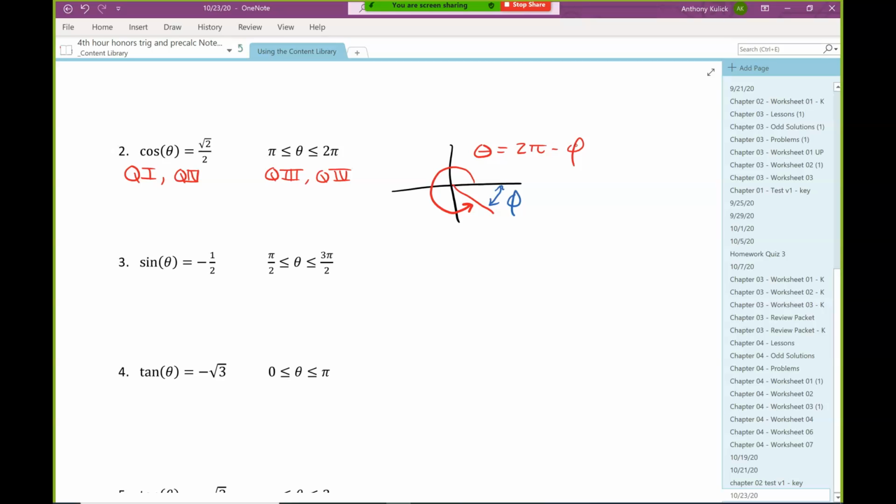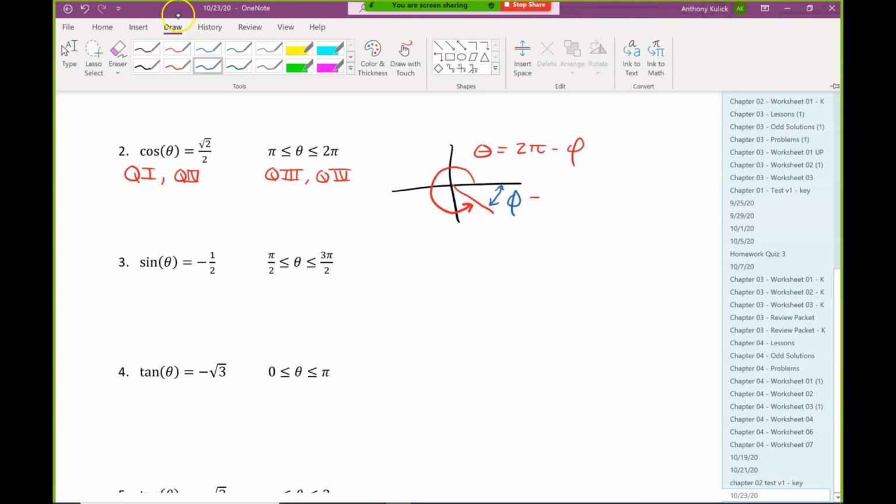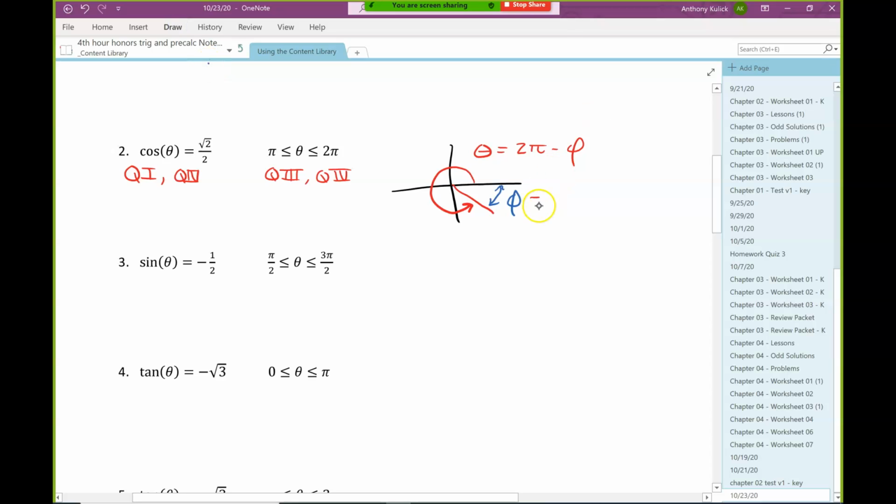Since theta, let me start over. Since phi is an angle removed from an orientation on the xy axis, notice I drew the arrows at both ends. I'm not talking about a standard position like an angle of rotation. I'm just talking about a regular old angle like in a right triangle. Because of that, I can just look at that value of cosine as if it was in the first quadrant.